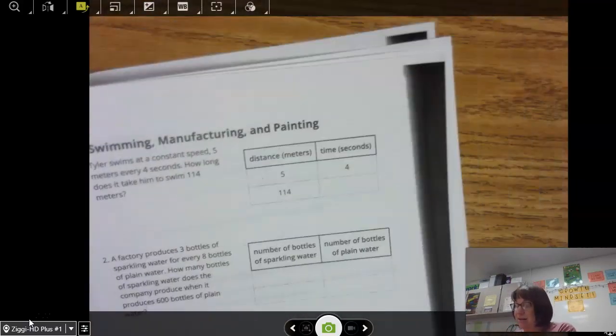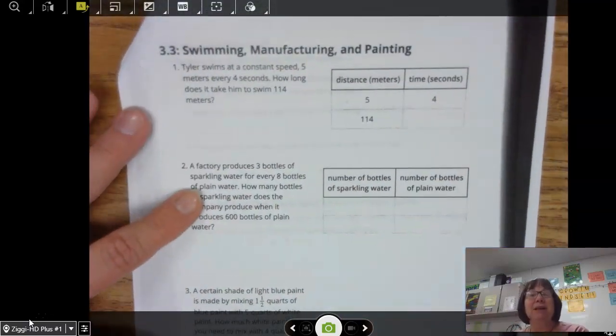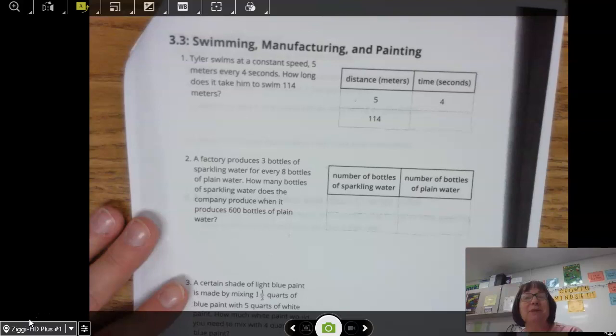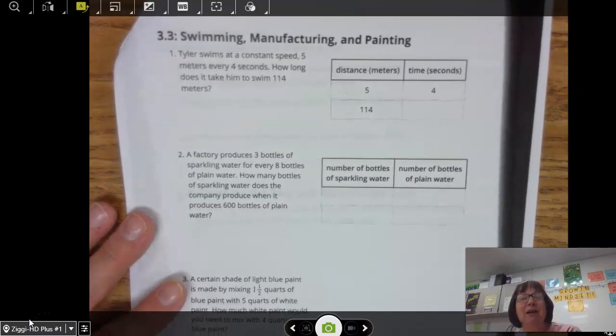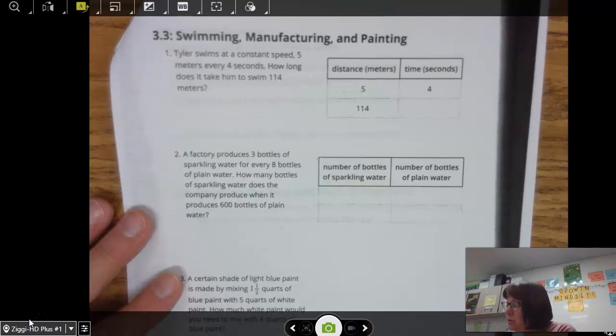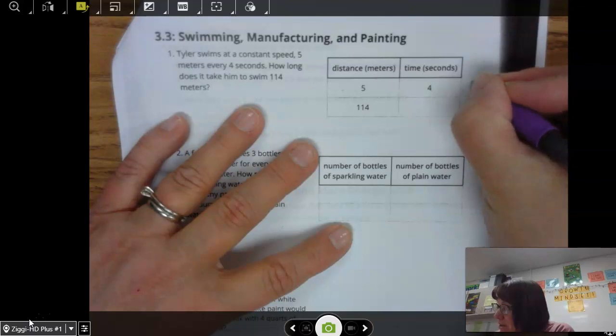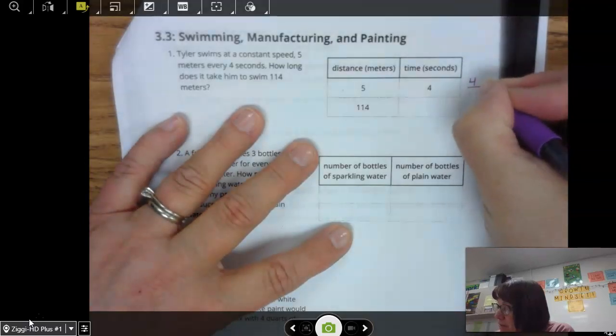All right, so now we have a new problem: swimming, manufacturing, and painting. Tyler swims at a constant speed, 5 meters every 4 seconds. How long does it take him to swim 114 meters? So again, I'm going to find that constant. I'm going to do 4 divided by 5.